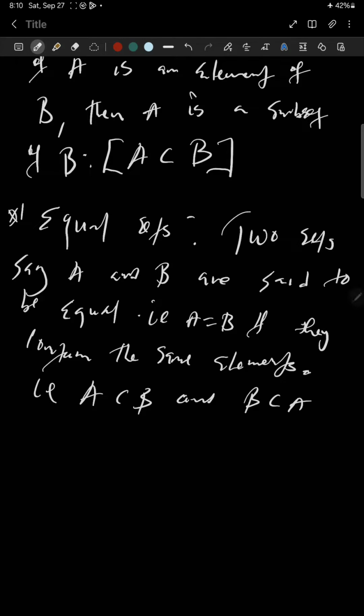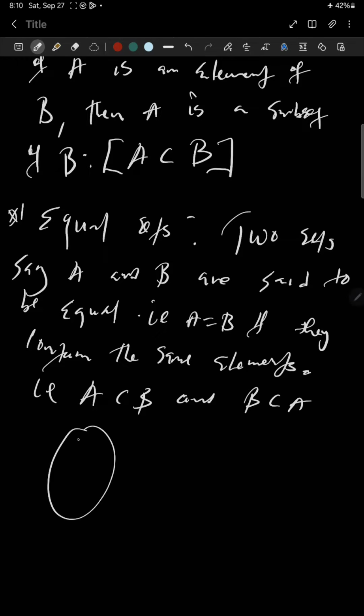So A is a subset of B, meaning A is found in B, and B is a subset of A, meaning B is found in A. So they're found in each other.